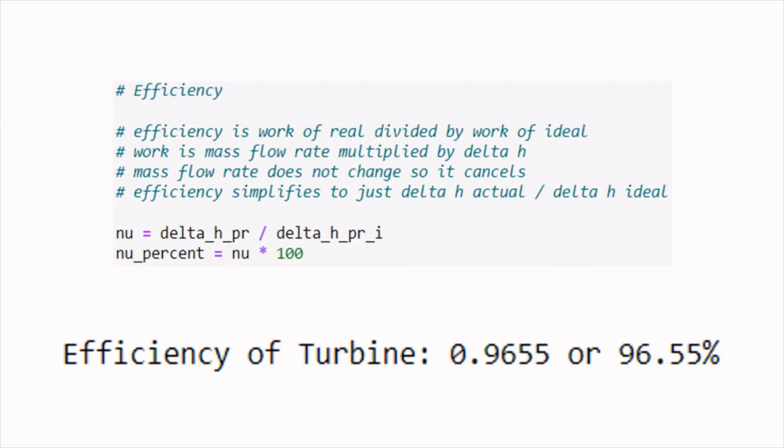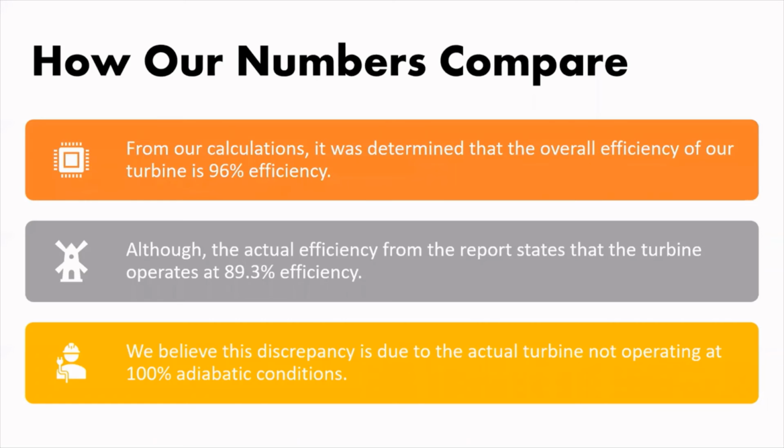Work is mass flow rate multiplied by delta H. Because mass flow rate would be both in the numerator and denominator, it cancels, and the efficiency simplifies to just delta H actual divided by delta H ideal. Our overall efficiency is 96.5%. Next slide, we'll compare our numbers from the calculations we did to the literature values provided by the report.